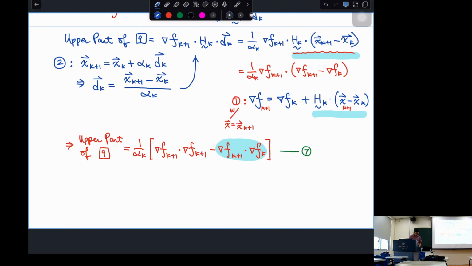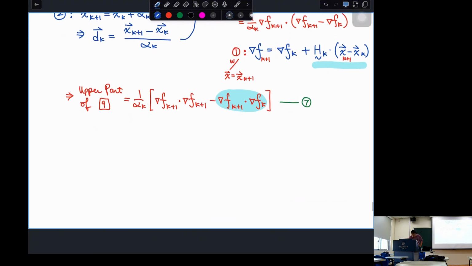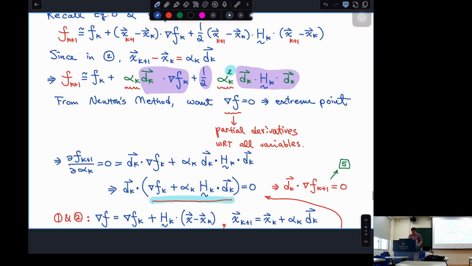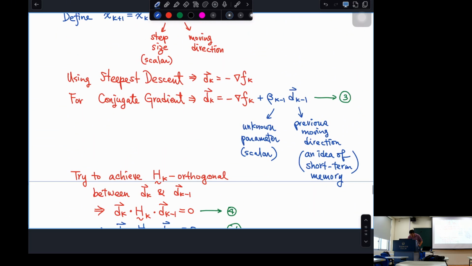If we try to handle the second term, we notice that gradient f k can be rewritten as something else by equation 3. So let's recall equation 3 from here.